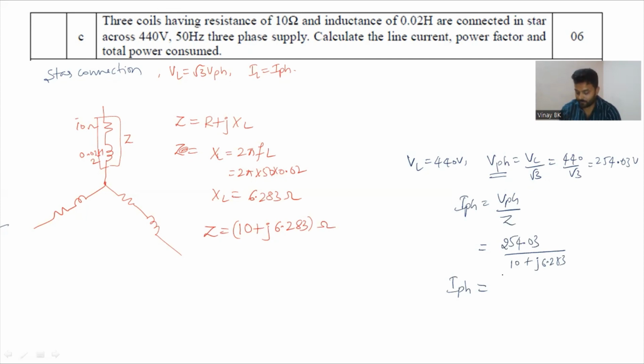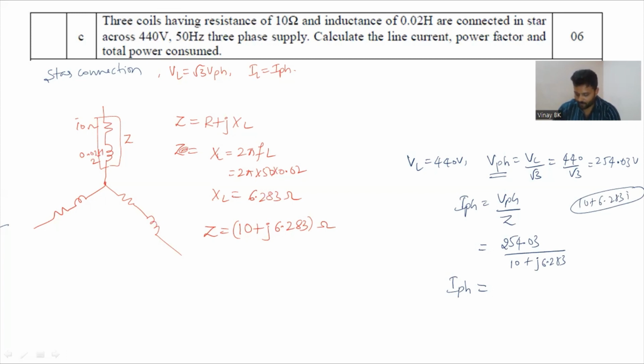Then you write 254.03 divided by, in a calculator you should always write in the form of A plus iB, that is 10 plus 6.283 i. Then convert this complex form into polar form.